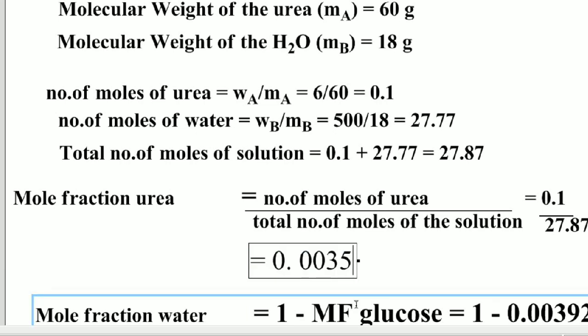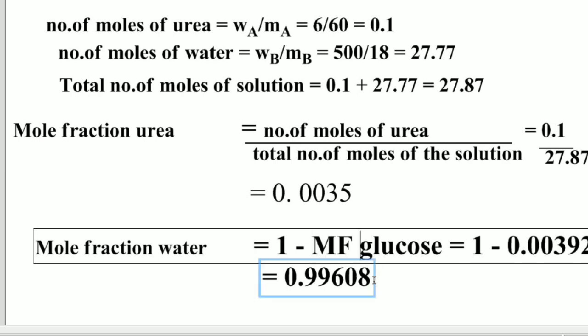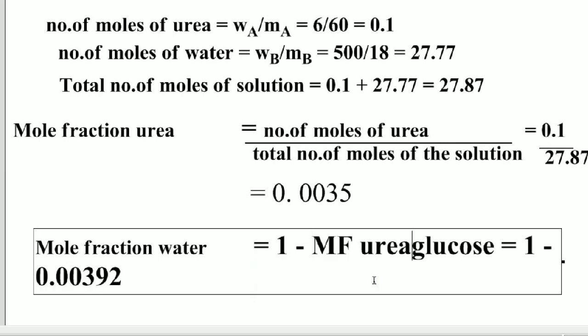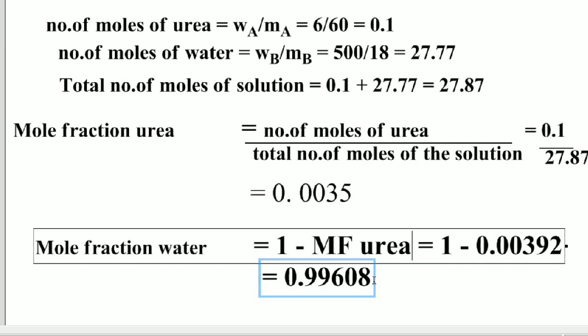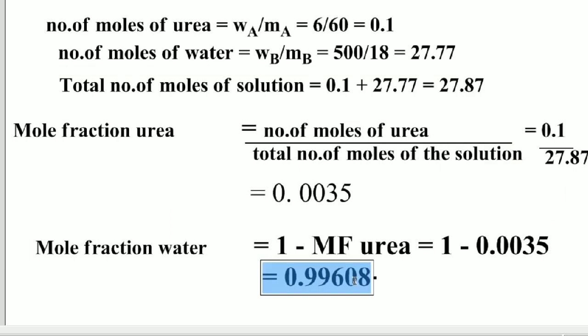0.0035 is the mole fraction of urea, and the mole fraction of water is equal to 1 minus the mole fraction of urea, that equals 1 minus 0.0035, which is 0.9965. 0.9965 is the mole fraction of water.